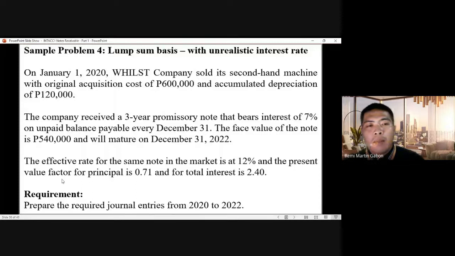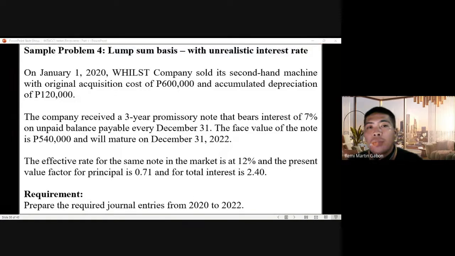However, last paragraph, the effective rate for the same note in the market is at 12%. And the present value factor for principal is 0.71 and for total interest is 2.40. Requirements natin, journal entries from 2020 to 2022.